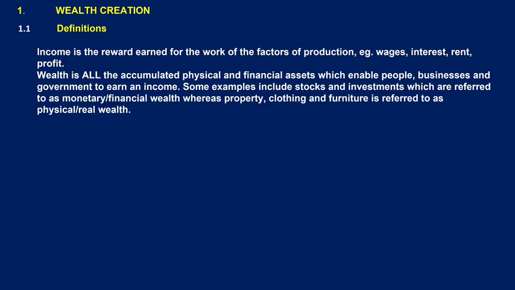Wealth, on the other hand, is all the accumulated physical and financial assets which enable people, businesses, and government to earn an income. Some examples include stocks and investments, which are referred to as monetary or financial wealth, whereas property, clothing, and furniture is referred to as physical or real wealth. So your income is the reward which is earned by the factors of production, whereas wealth, on the other hand, is all the accumulated physical and financial assets.